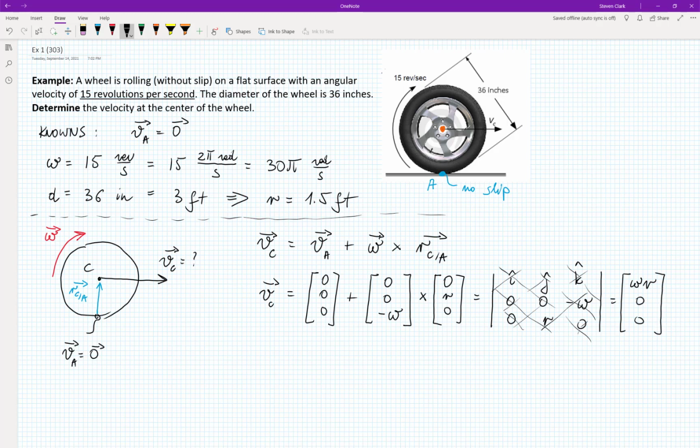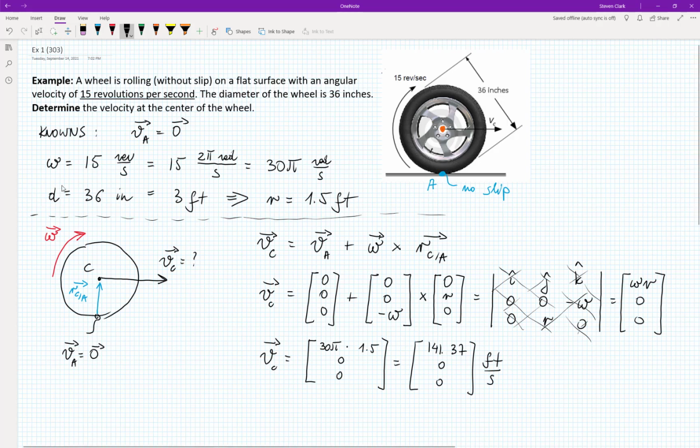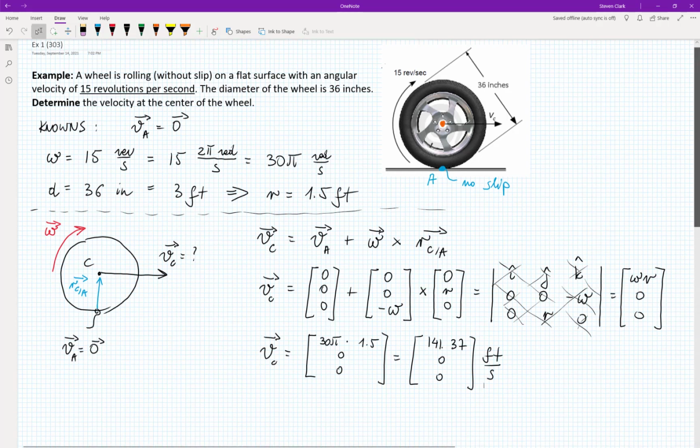So our Vc is 30 pi times 1.5, 0, 0. If you grab your calculators, you will obtain that this is exactly 141.3700 feet per second. Yeah, and this is our answer.